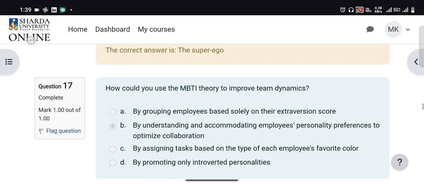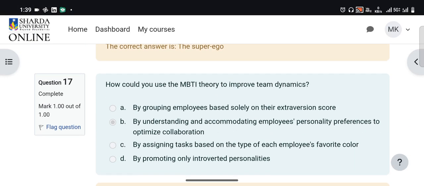Question number 17. How could you use the MBTI theory to improve team dynamics? Option A, by grouping employees based solely on their extraversion score. Option B, by understanding and accommodating employees' personality preferences to optimize collaboration.